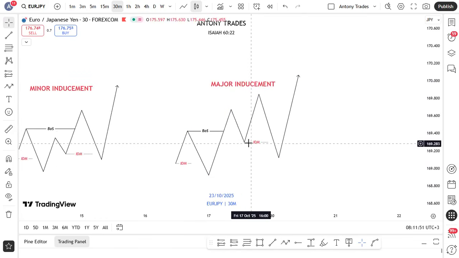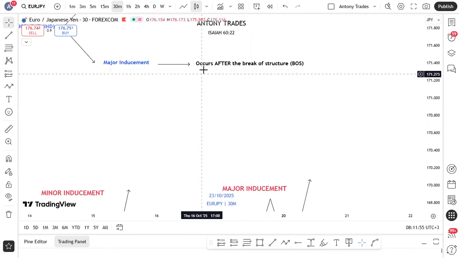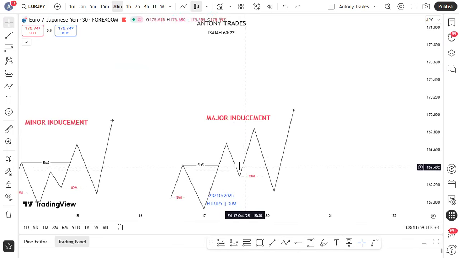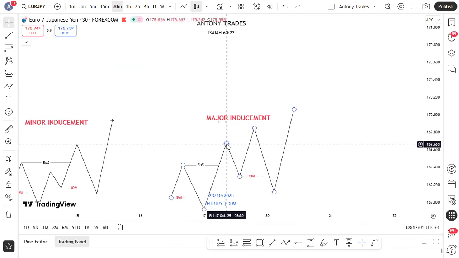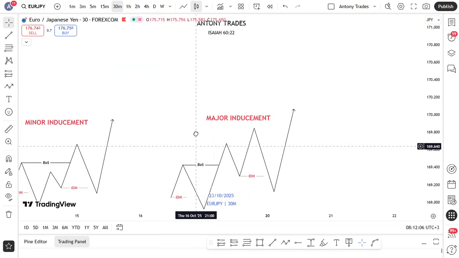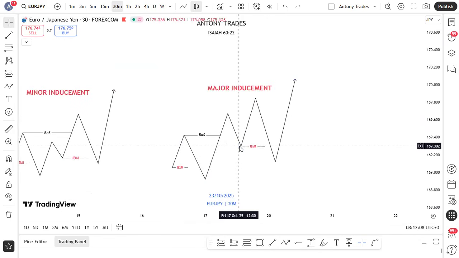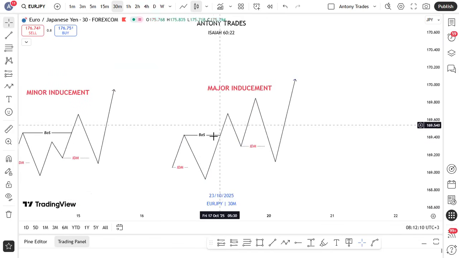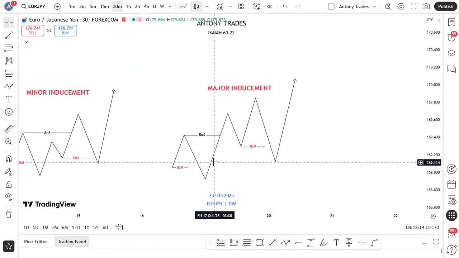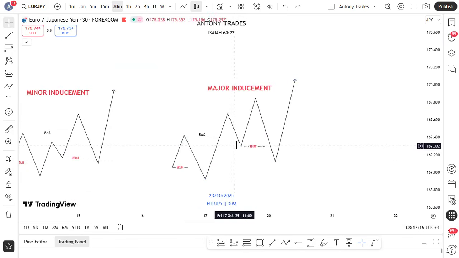Now, this low here is what we are calling the major inducement, since it is formed after what? A break of structure. And remember, this low must not have swept any liquidity. That is another point to note. This low here must not have swept any liquidity before breaking the structure. If it has already swept the liquidity, this low is not a major inducement. So this will be a swing low.